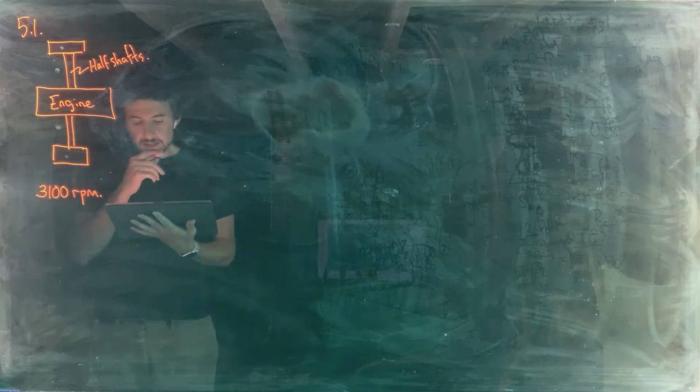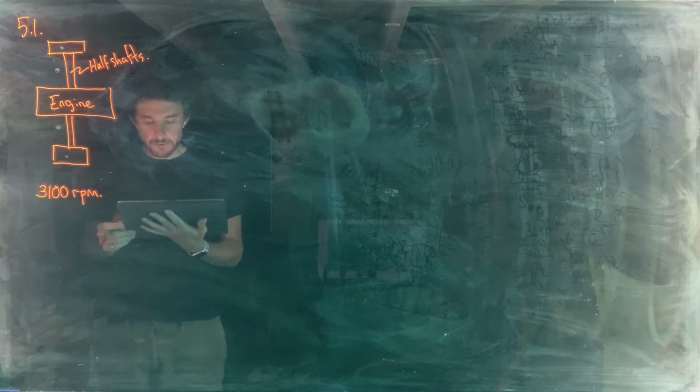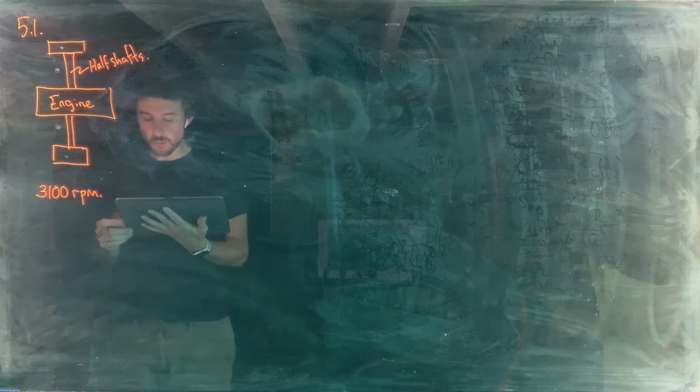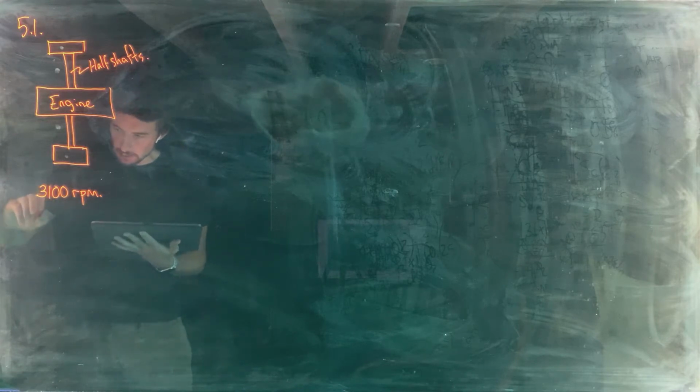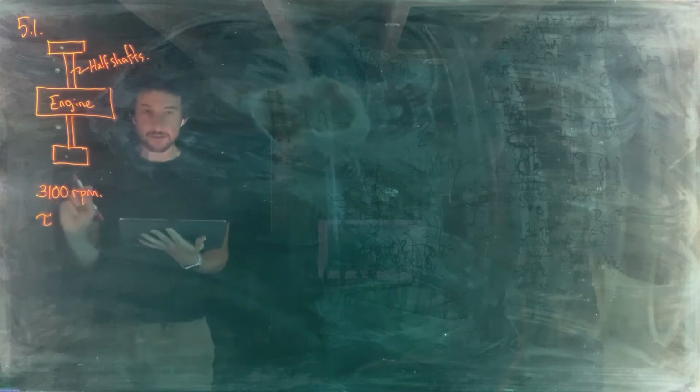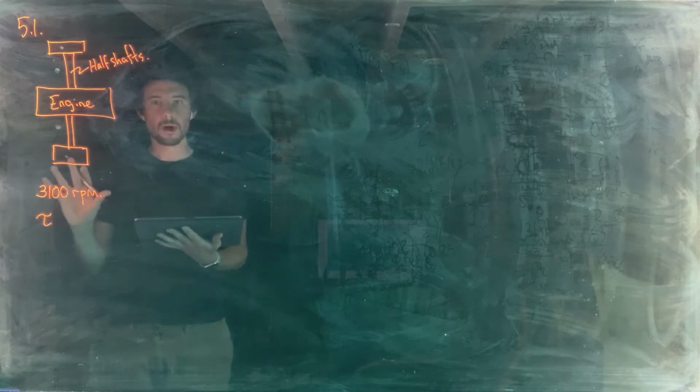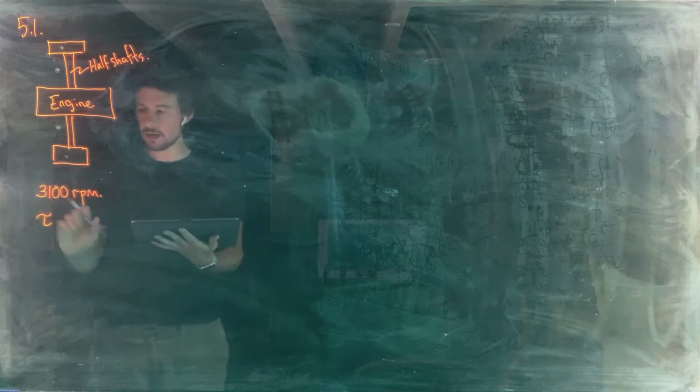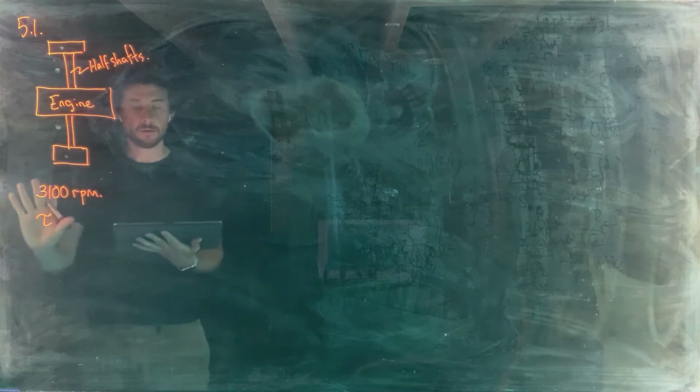To minimize weight, the shafts will be made of carbon fiber with a shear strength of 13.1 KSI. So we know that the shear strength, and carbon fiber is not a ductile material. Carbon fiber composite, it's a brittle material.